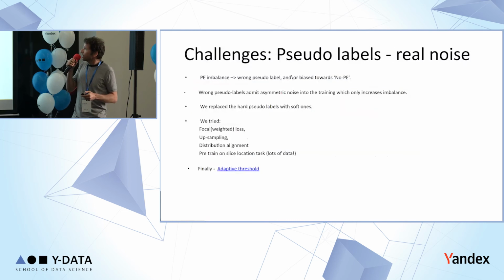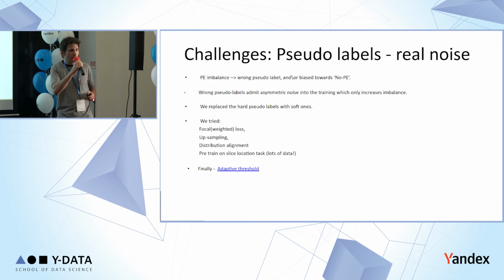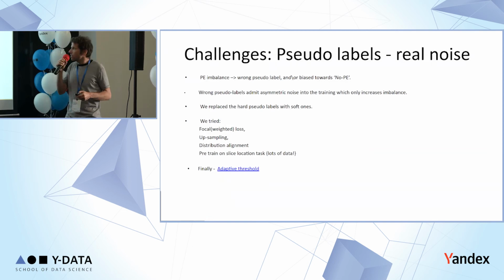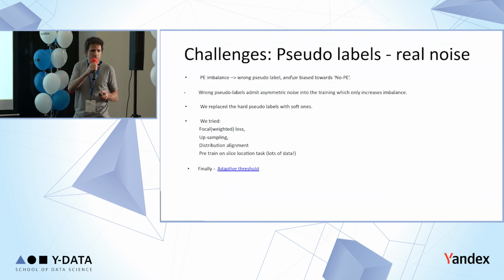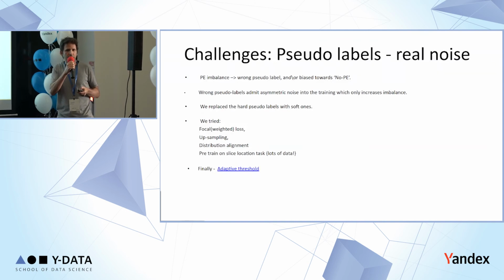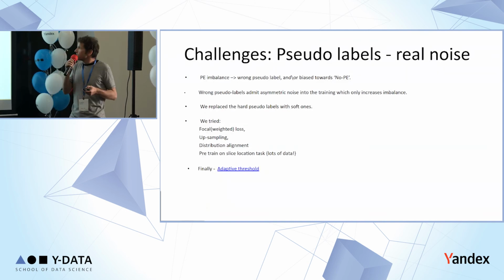Another big challenge we had was the pseudo-labels. There's a very known problem with the pseudo-labels, that they become noisy labels. And in combination with unbalanced data, it was even a bigger problem because the noise is asymmetric. More PE images are misclassified, get the wrong labels, and not the other way around.